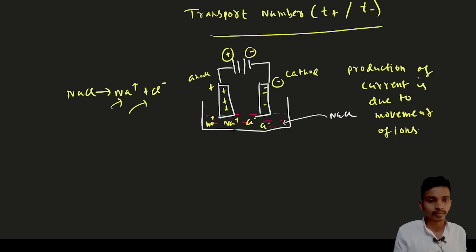So these ions will get attracted to the respective charges. Cl minus will be attracted towards the anode, and the positive charge will be attracted towards the cathode.